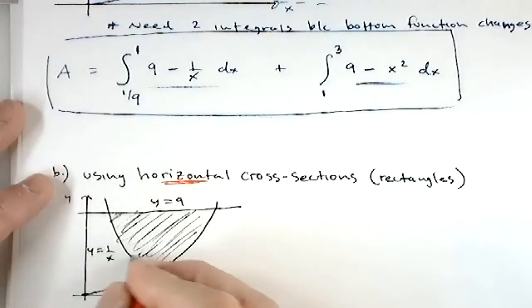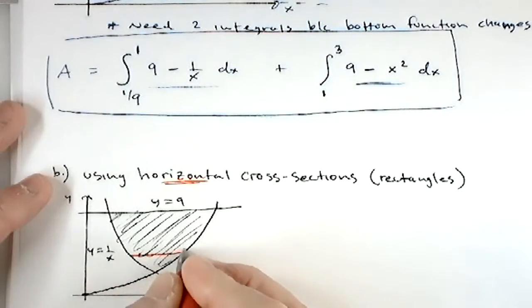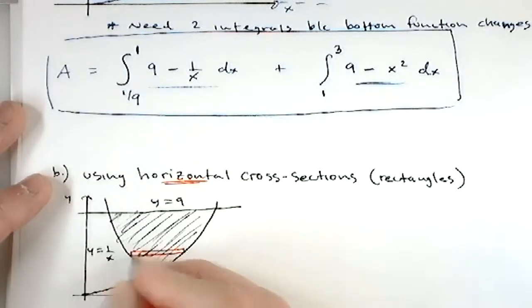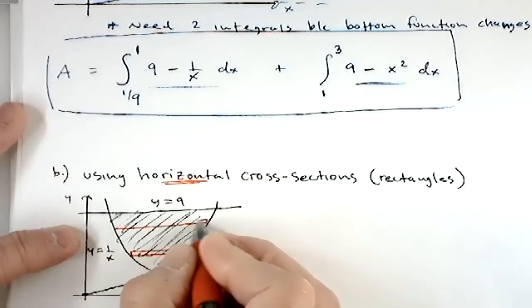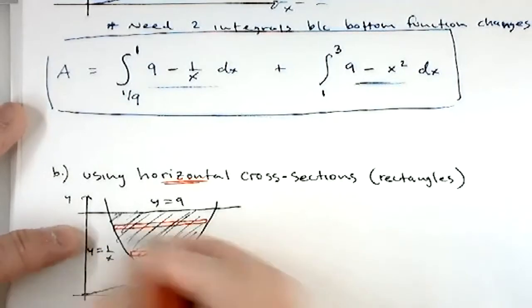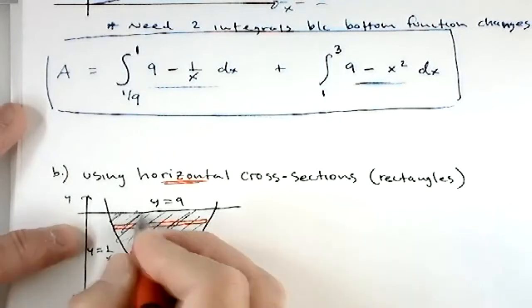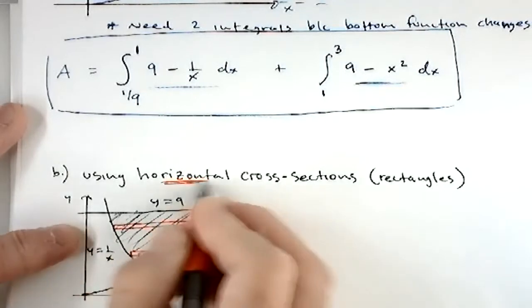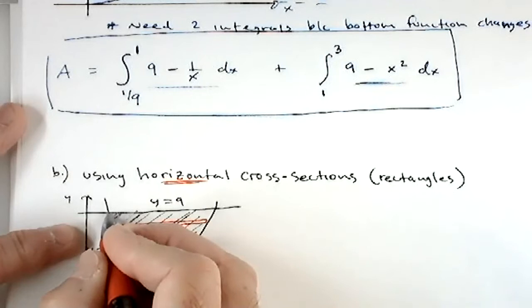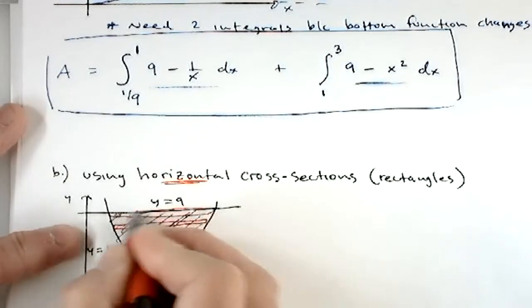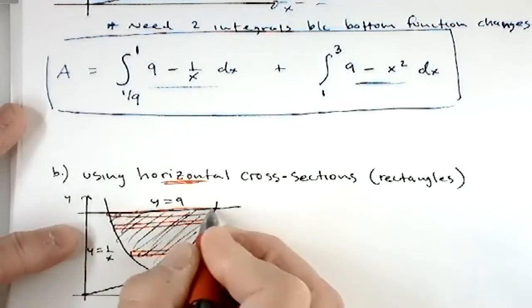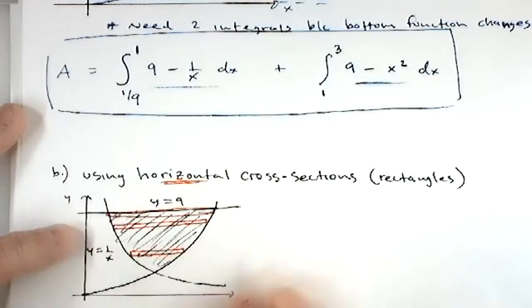Like I said, an integral is just an adding machine. It will add together whatever you tell it to, as long as you give it the correct formula, it will work for you. So if we fill up this region with a bunch of horizontal rectangles, what's really nice about this, and how you can spot that this would be better, is that very top rectangle would line up perfectly with this horizontal line. That would capture all of that area perfectly because it's horizontal.